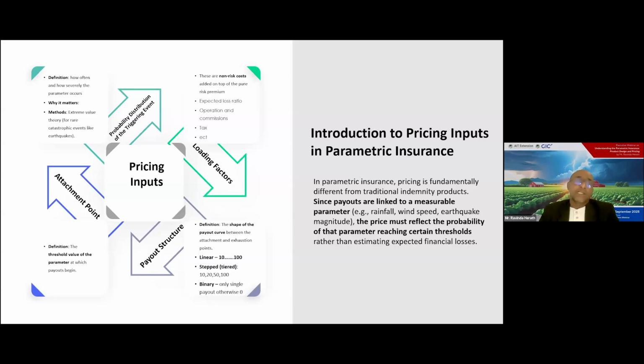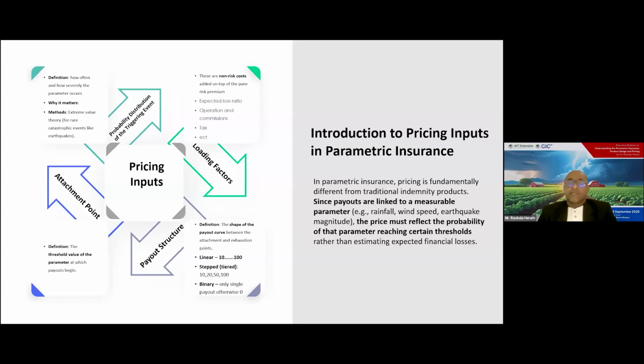To set up the exit trigger, we need extreme value theory, because we need to analyze after how many years, how many frequencies there are for an extreme event, like a large catastrophic event, right?